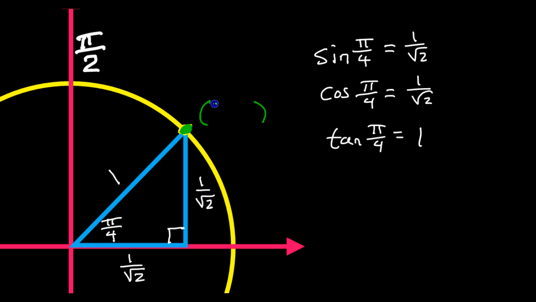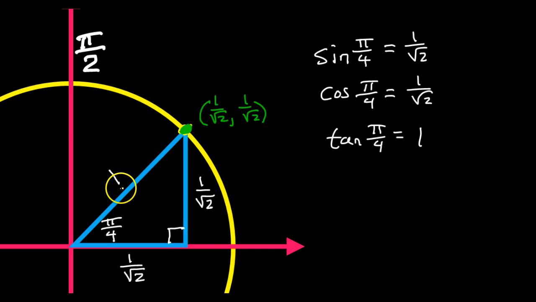The coordinates would be 1 over radical 2 because that's the horizontal length here. And since the vertical length is also 1 over radical 2, that will be our y value. Notice that your sine and cosine are 1 over radical 2, and these two numbers are 1 over radical 2. That is not a coincidence.